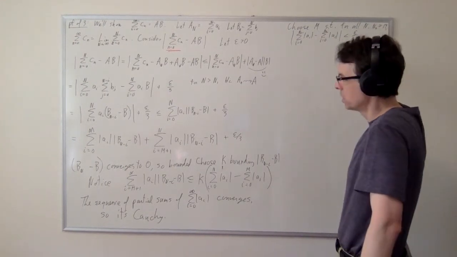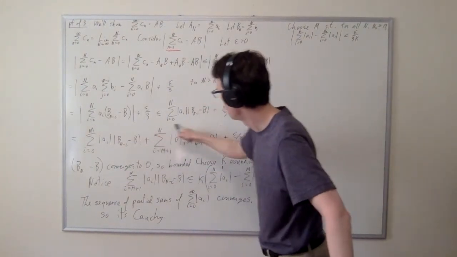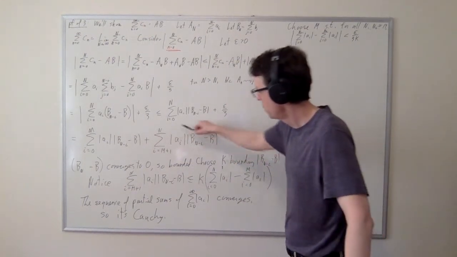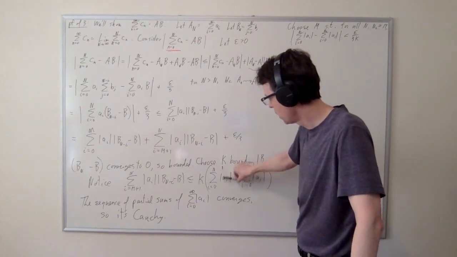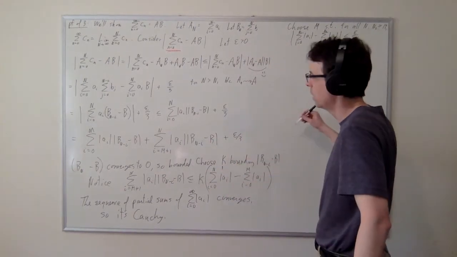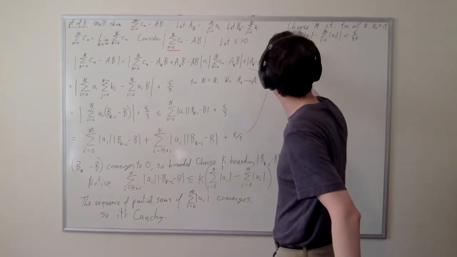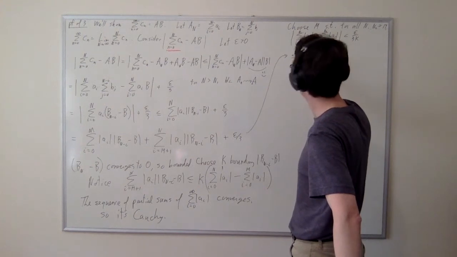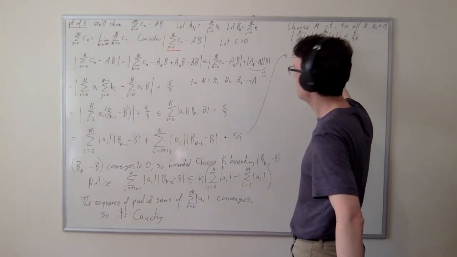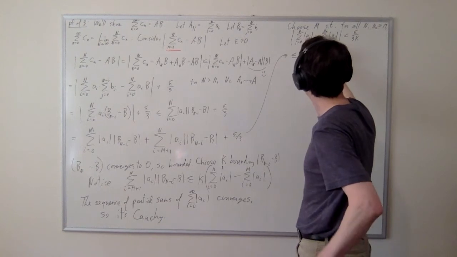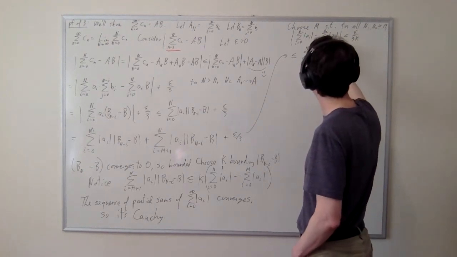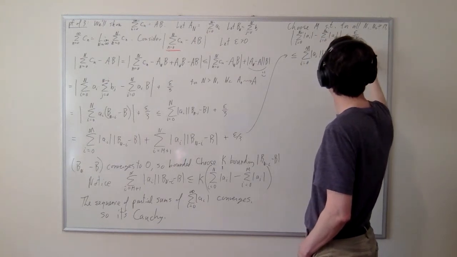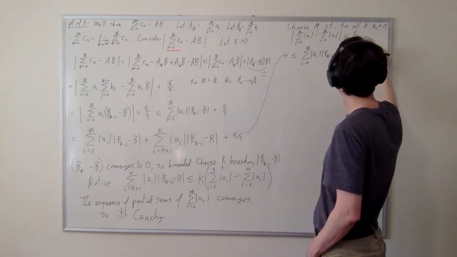So what will that give us? That will give us total control over this term because we've chosen m large enough that we've got this term less than epsilon over 3K times K. So that will allow us to continue with our computation, and we will get this thing is less than or equal to summation I equals 0 to m of modulus AI times modulus B sub n minus I minus B, plus epsilon over 3 plus epsilon over 3.